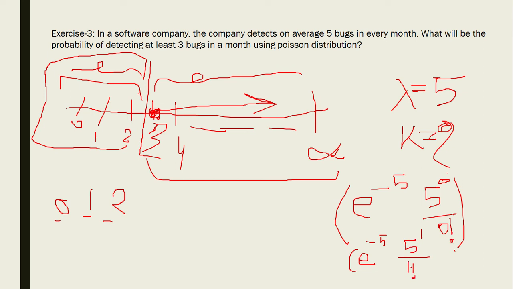And then we will also need to find the probability of getting 2, right? So e to the power minus 5, 5 to the power 2 divided by 2 factorial.